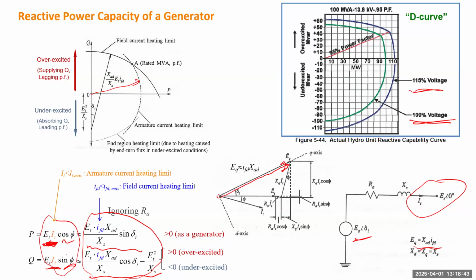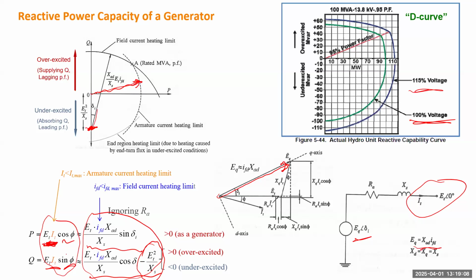And the second set of formulas is also a circle, but it shifts the center of the circle down to this point. This point will be determined by this value. So basically, there are two circles. One circle based on the terminal current will have this radius.